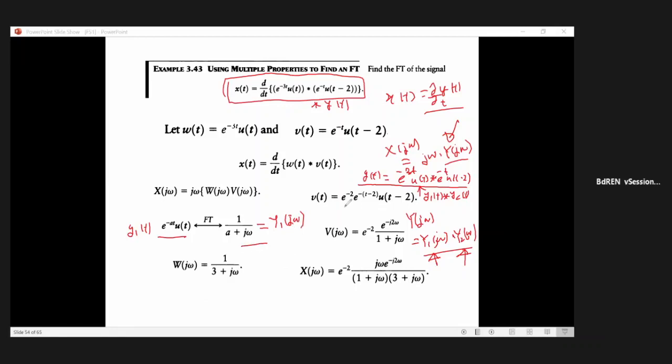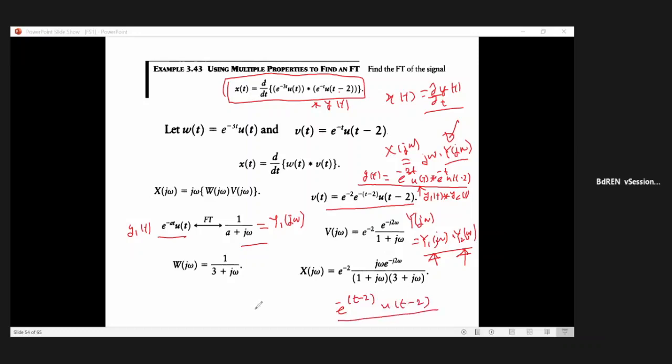Similarly, you have your y2(t). Some changes are needed in y2(t). If you want to use this equation there, you have to write it in this way: u(t-2). Otherwise the time shift operation cannot be applied.